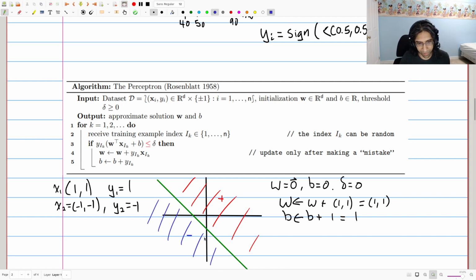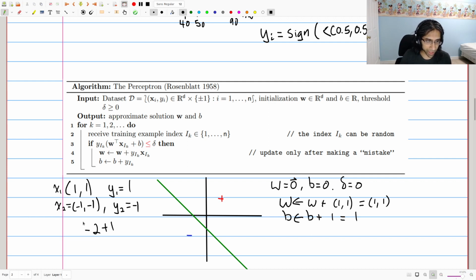And I'm claiming this, you can check it for yourself, but let's just see by plugging in this point here. So if we plug in this point -1, -1, what happens? We have 1, 1, so the inner product of w transpose and x is going to be -2, and then +1.